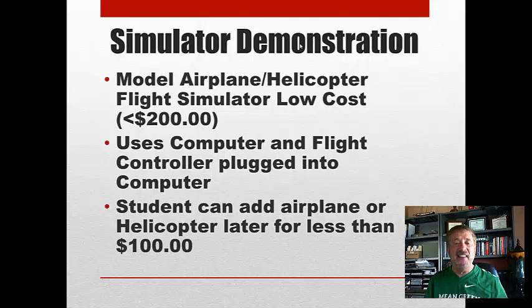Then, after I feel I can fly one of these things, I will probably go out and buy an airplane or a helicopter or both, and they usually cost less than $100 for the starting ones. They're usually battery-powered electric ones, so they're very affordable.